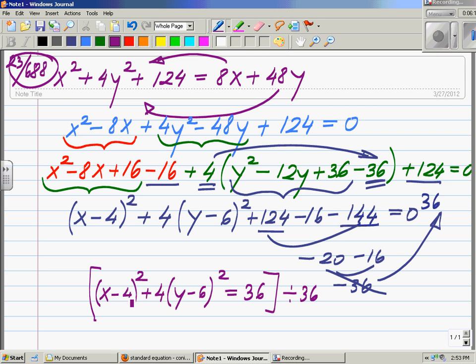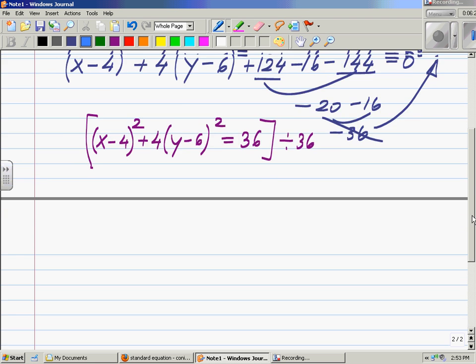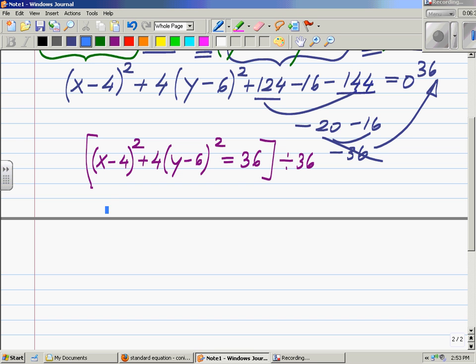And I have x minus 4 squared over 36. I will keep changing the colors here to make it prettier. So I have x minus 4 squared over 36. What is 36? 6 squared.